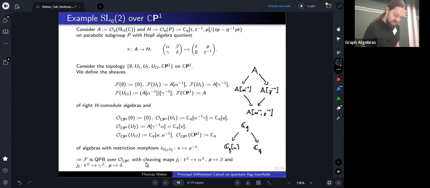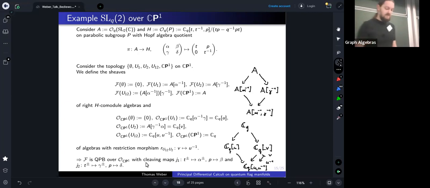On U2, we have some v, and on the intersection, it's C_q of, let's say, u and u minus 1. And then as the restriction morphism, you just have to map v into u minus 1. And you again check that this gives you a sheaf.